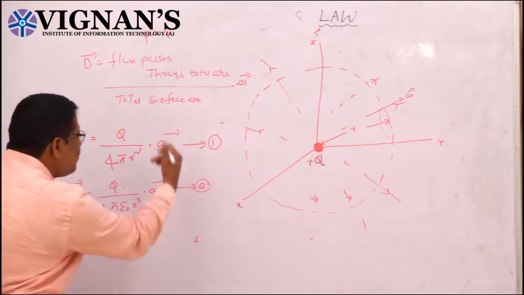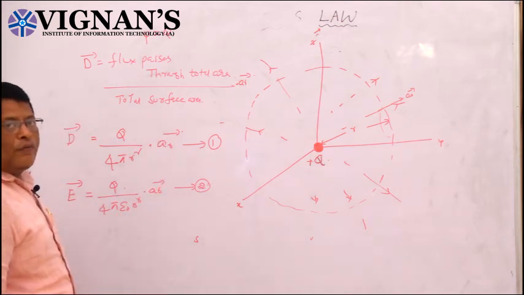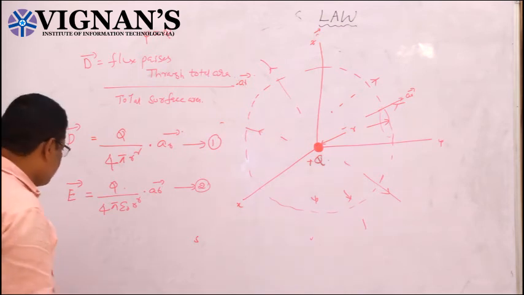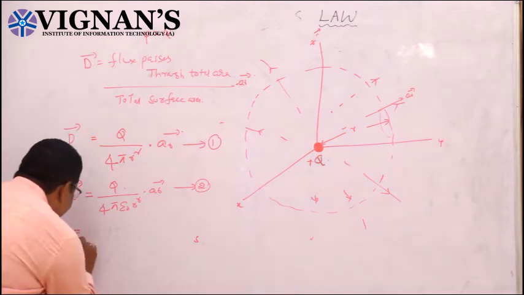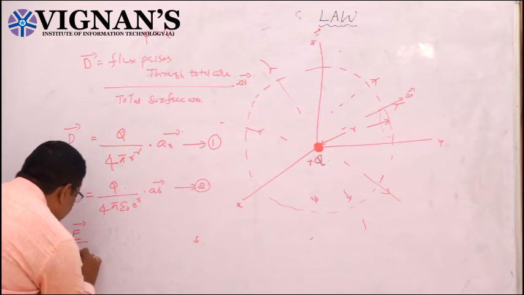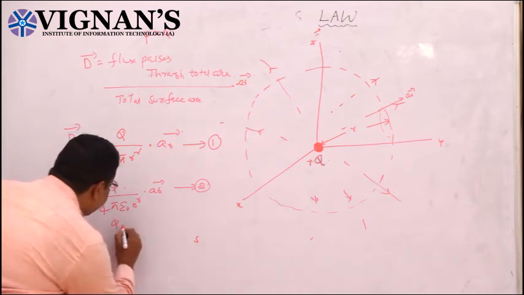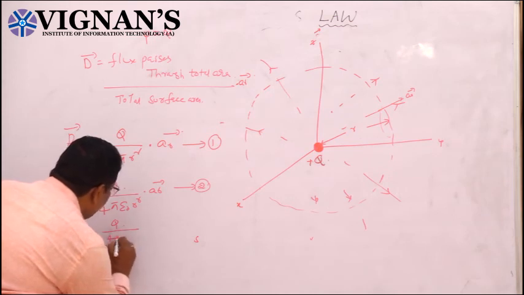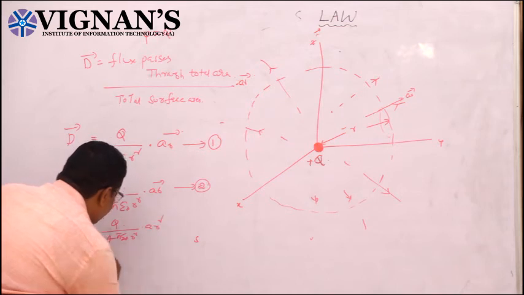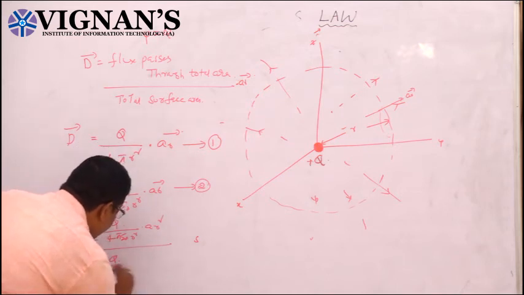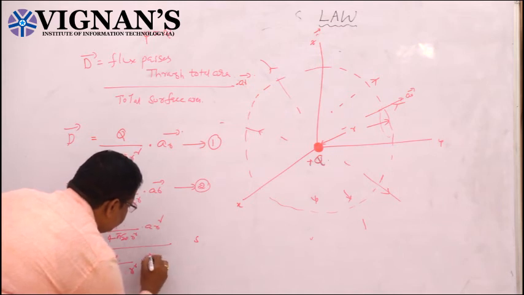Now take the ratio between these two. So, E bar by D bar equals Q by 4 pi epsilon naught r square a r bar divided by Q by 4 pi r square into a r bar.